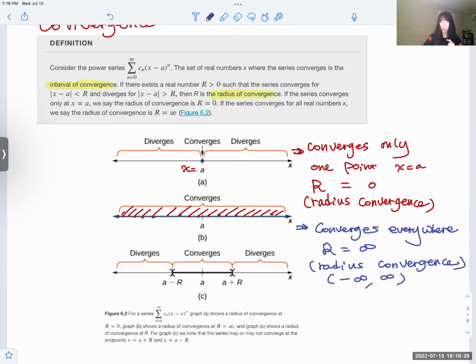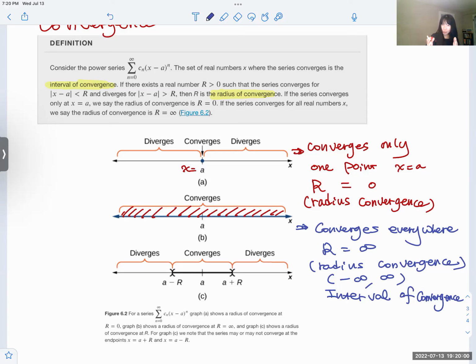That's the interval of convergence. Since there is no space, let me write it on the left side.